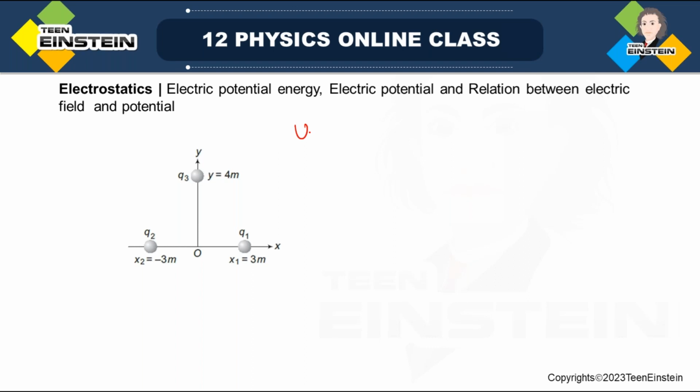So we have Ui plus Ki is equal to Uf plus Kf. So this is the formula. This is 0 anyway initially. So we had 1 by 4 pi epsilon naught, then Q1 Q2, Q2 Q3, whatever it is.